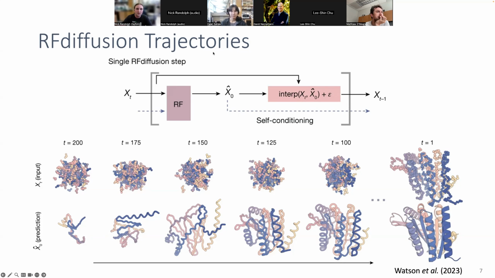So we're kind of doing an interpolation on the SE3 manifold. We're taking a step towards the correct translation vectors. So this is essentially a small step towards the ground truth coordinates, at least the C alpha coordinates. And then we also denoise the rotation matrix a little bit.